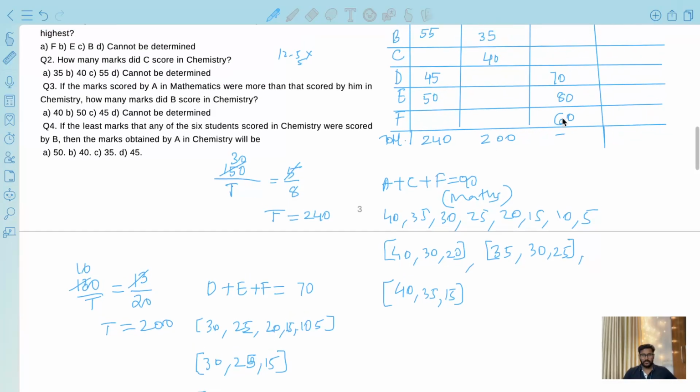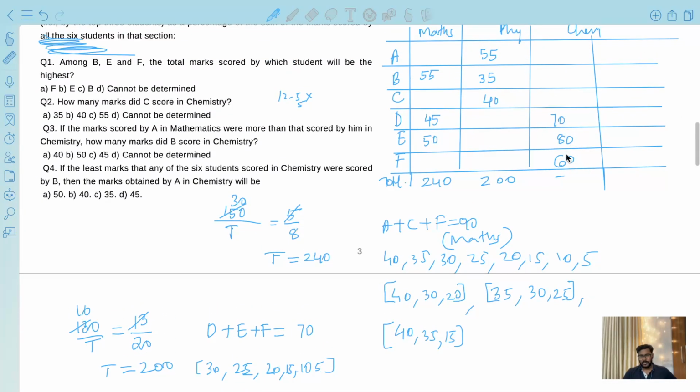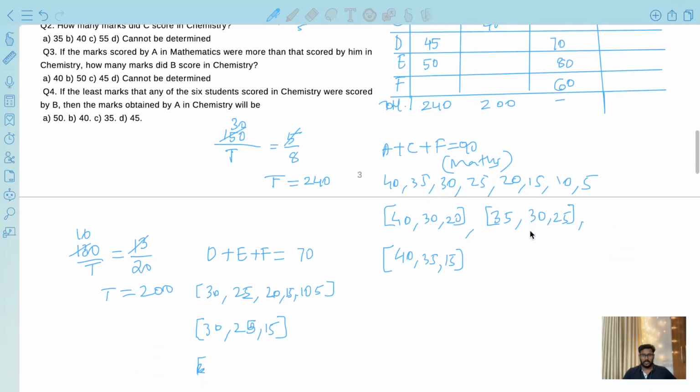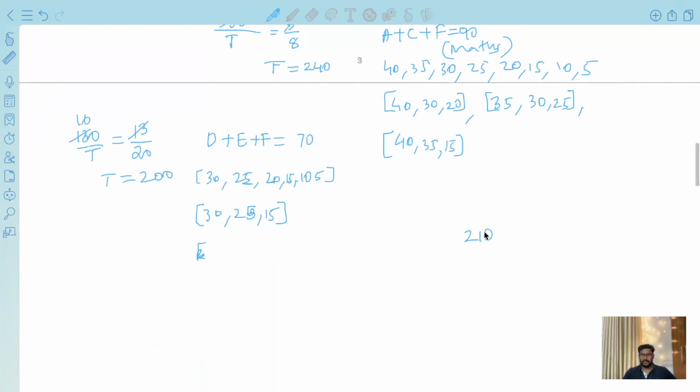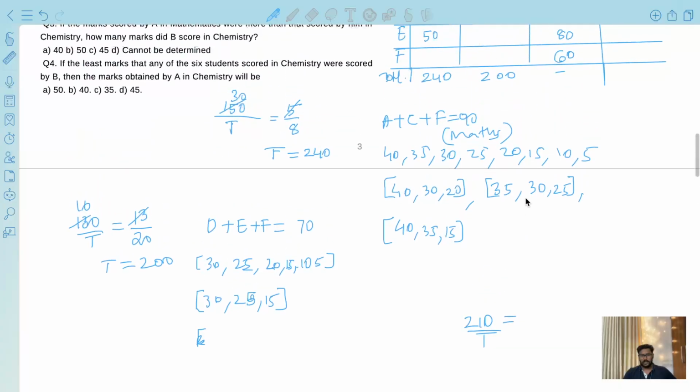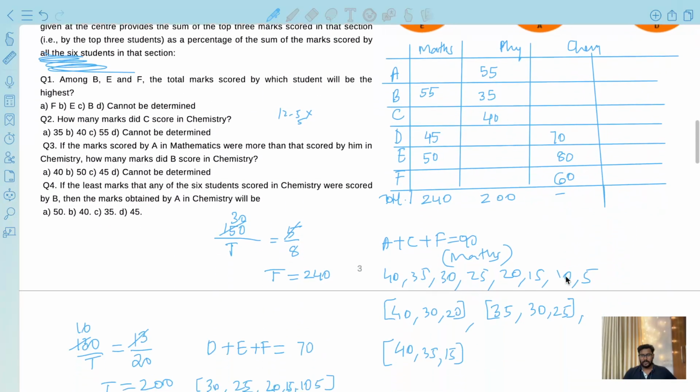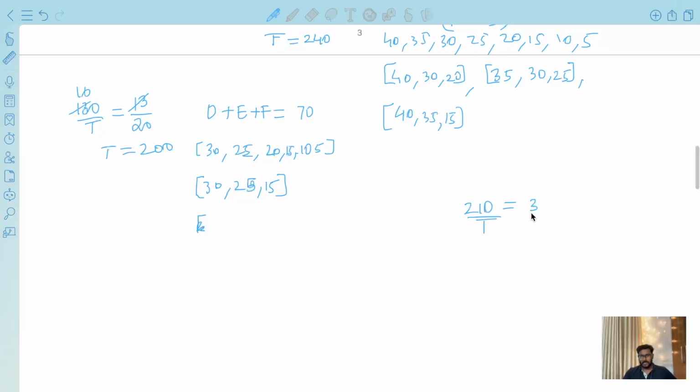200. Now, you look at this 70. This is 3 sides of 210. 210 by total, how much? 60 percentage, 3 by 5. T is equal to 350.